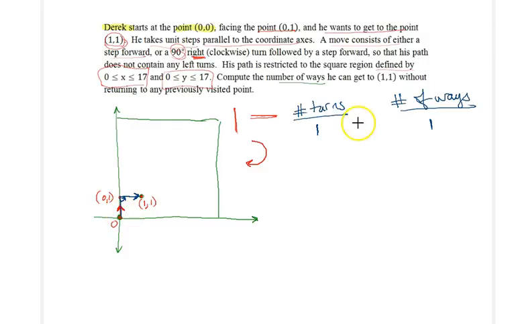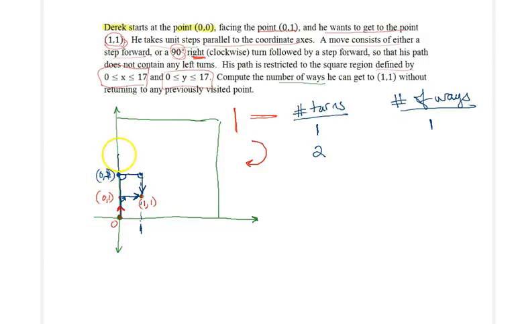Alternatively, if you have two turns, in that case things will be slightly different. Derek will go upwards, pass the point (0, 1), reach the point (0, 2), and then make a right turn, that's your first angle here, and then stop at the x-coordinate 1, and then make your down turn, and that's one way to reach the point.